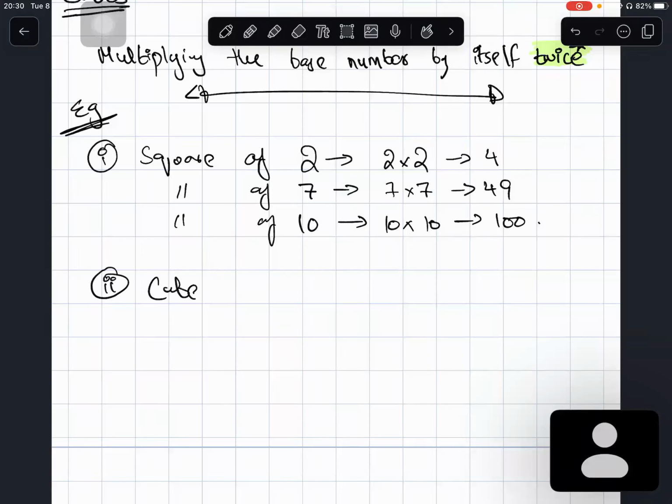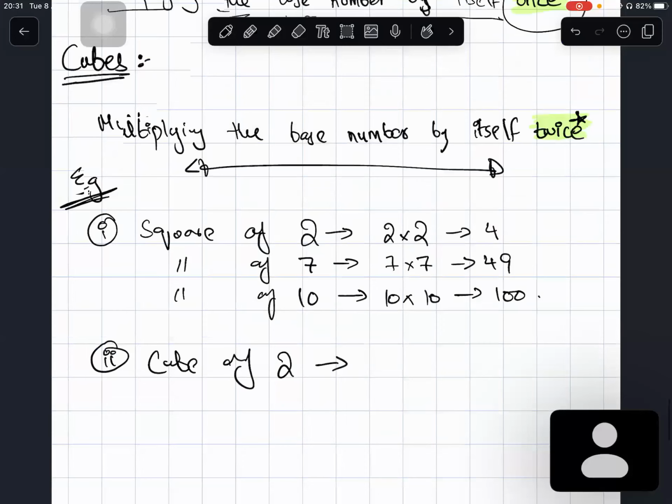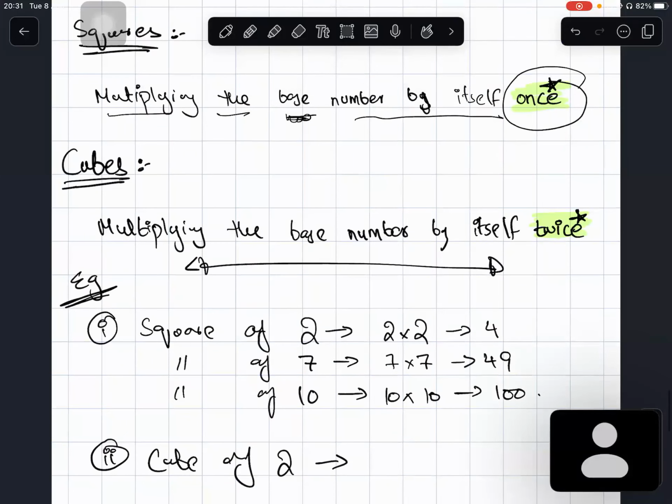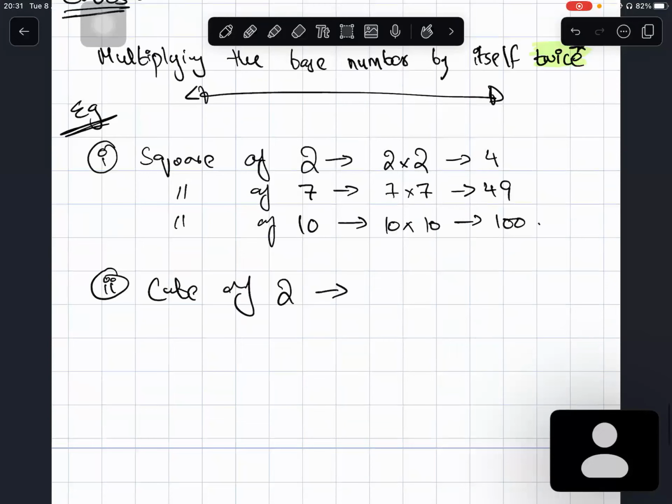How about the cube of 2? Now, what do you think that would be? The cube of 2. 4. No. You see, the definition for the square was multiplying the number by itself one time, once. For cube, it is twice. You multiply the same number by itself twice, so it's 8.